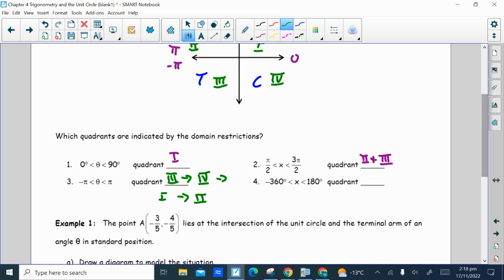Then if we went from negative 360 to positive 180, well, negative 360 is coterminal with 0.